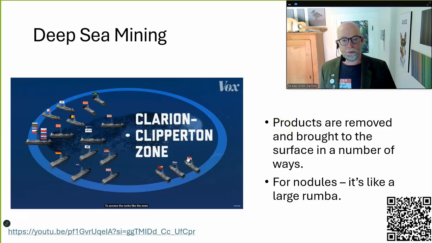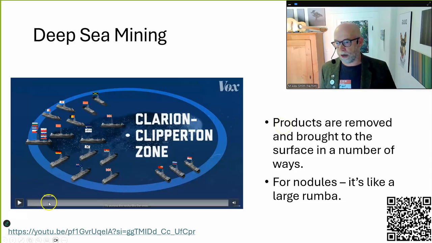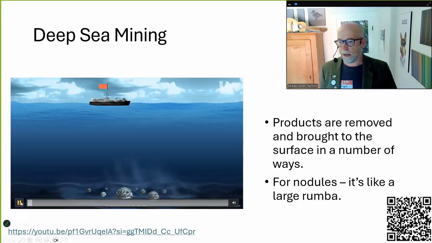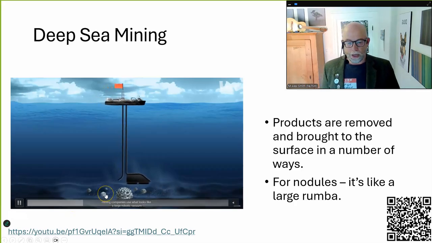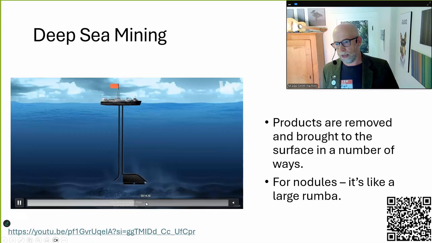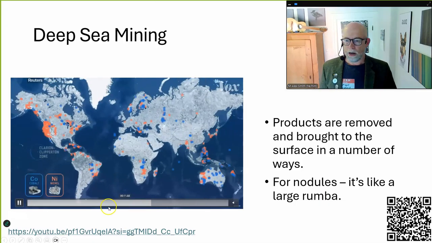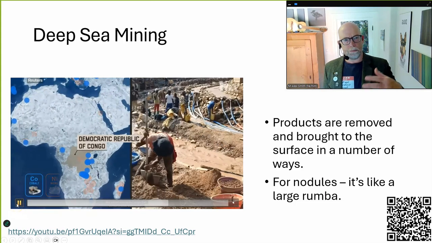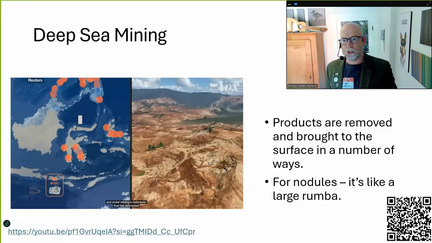So the products are removed and brought to the surface in a number of ways. For the nodules, it's basically like a Roomba, a big chunky Roomba that goes and zips all these things up, and you think, well, that looks pretty cool. And it looks pretty cool, and the bottom didn't seem to be damaged.